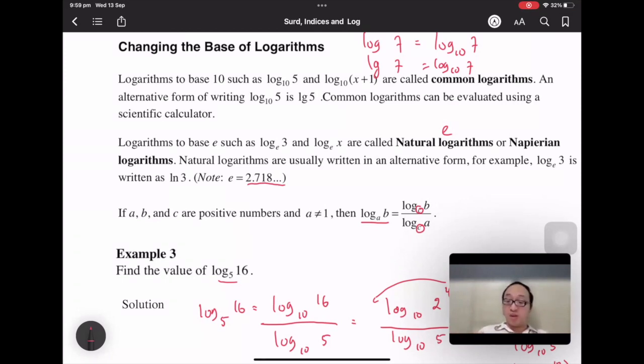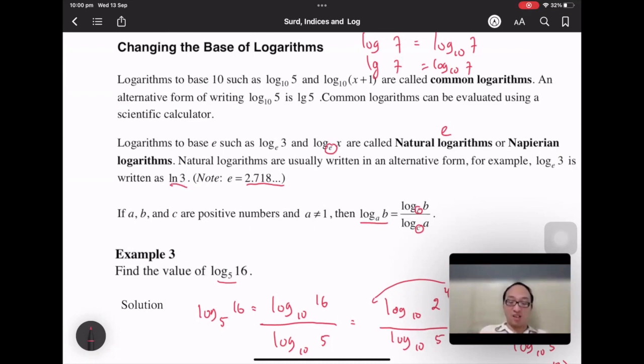So if we have the base with the natural number e, yeah, the base of the log is e. So we call the log e x as the ln x.